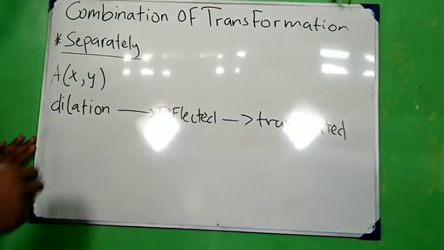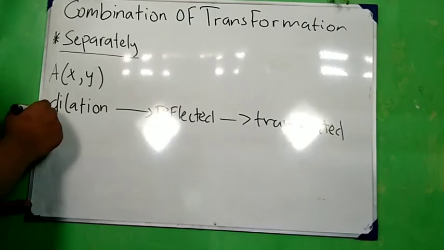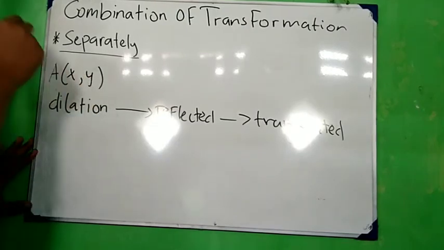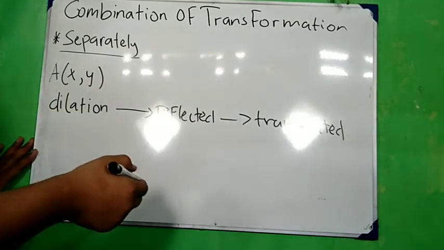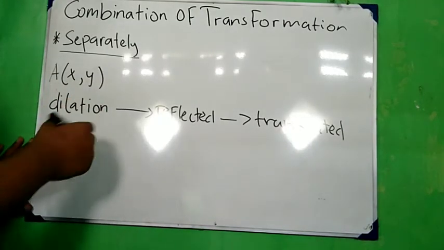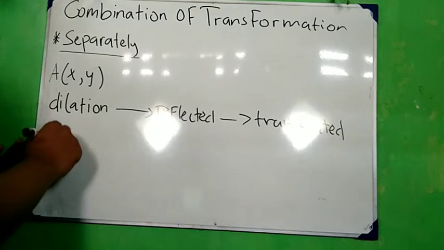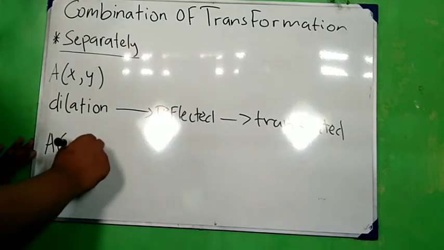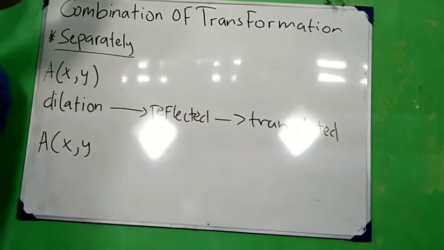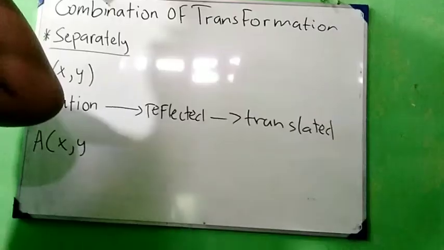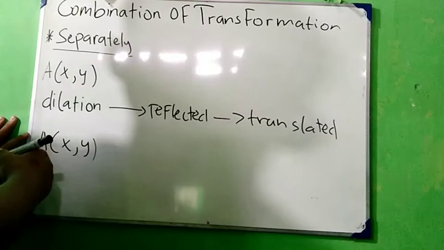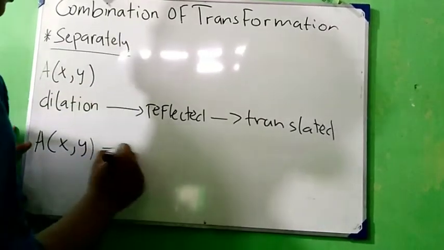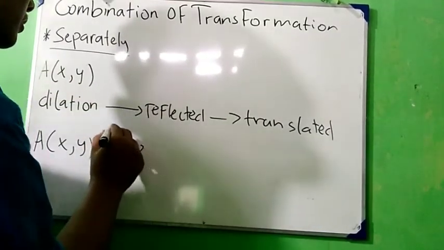So for the first, we're gonna dilate the point A, x, y, by a certain scale. So first we dilate the point A, dilation.